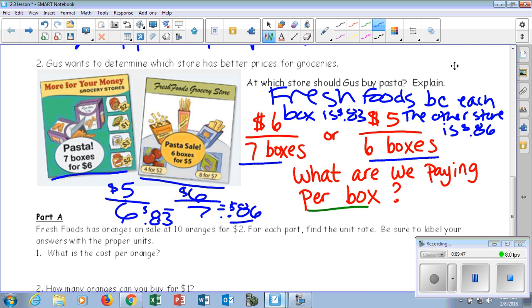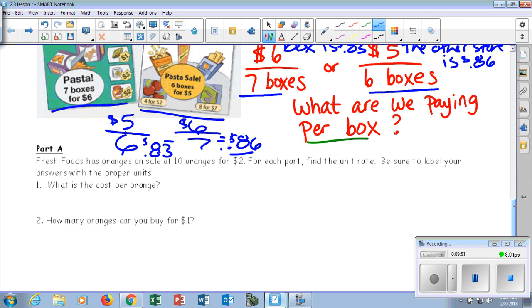So in part A, it says fresh food has oranges on sale at 10 oranges for $2. For each part, find the unit rate. Be sure to label your answer with the proper units. Well, what is the cost per orange? We just did that for boxes of pasta.